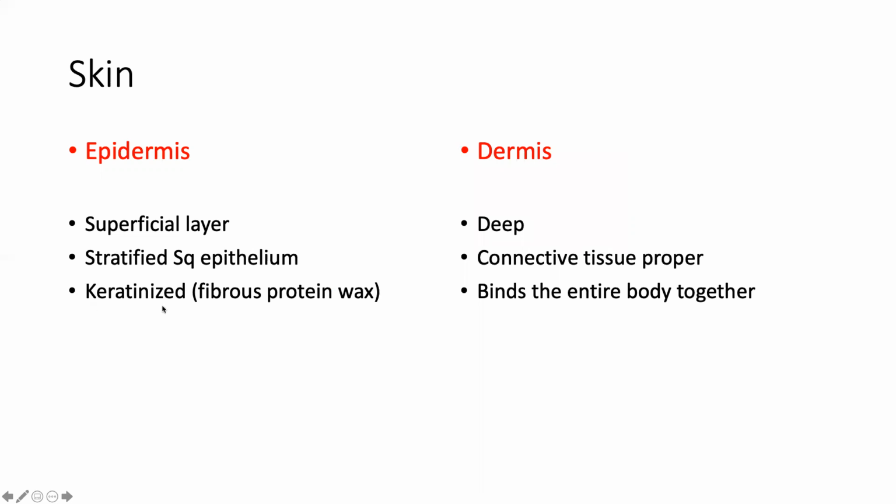And it is keratinized, which is a fibrous waxy protein layer outside. Dermis is made of connective tissue proper, and dermis is equivalent to the hide, H-I-D-E, hide, leather, and binds the entire body together.